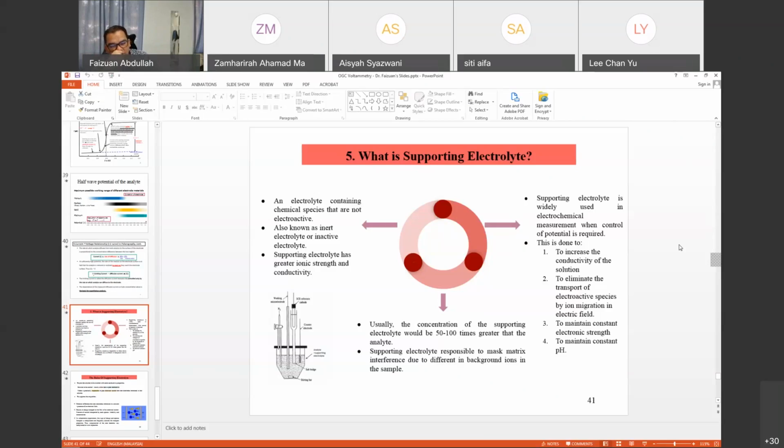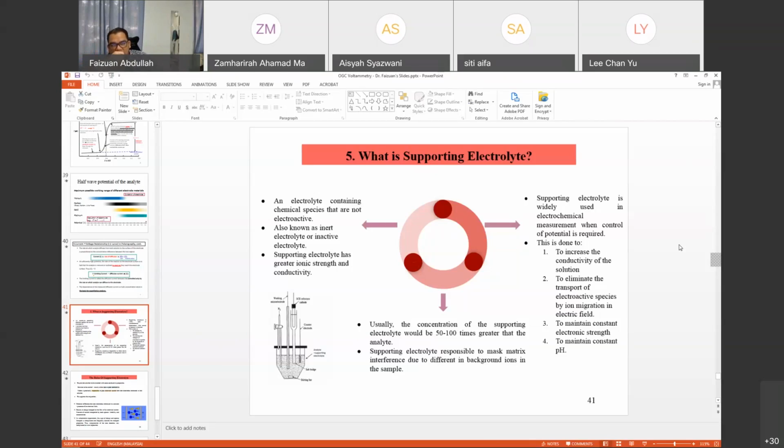Walaupun dia ada ionic strength dan conductivity tinggi, kita punya supporting electrolyte ni dia tidak elektroaktif. Tak elektroaktif ni maksud dia tidak akan menghasilkan apa-apa peak. Dia hanya boleh menjadi konduktif sahaja. Okay.